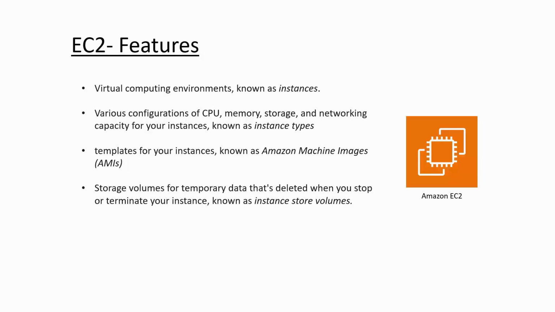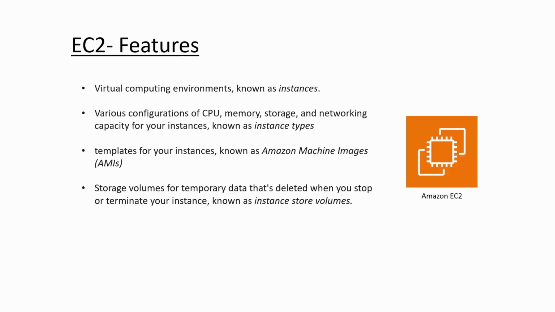Next is the storage volume. That is the volume that you can attach to the EC2, which we discussed in the previous class, right? Storage volumes like SSD volumes, which you can attach. And there is some kind of volume where, whenever you stop, for example you shut down your server, whatever data is in that volume will be lost along with the server the moment you stop it.